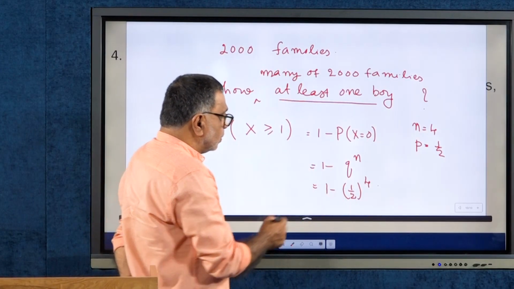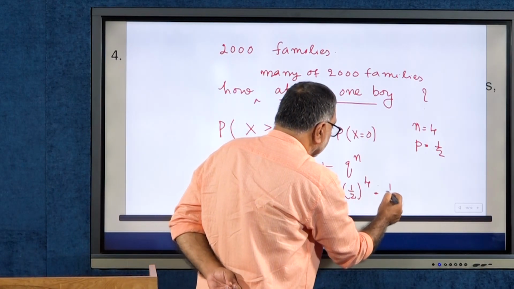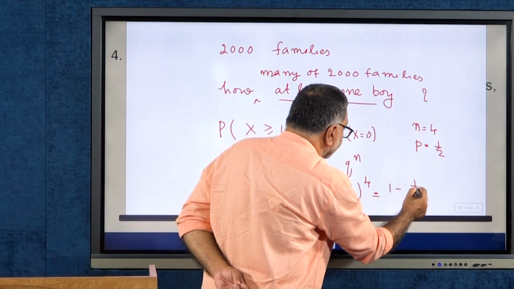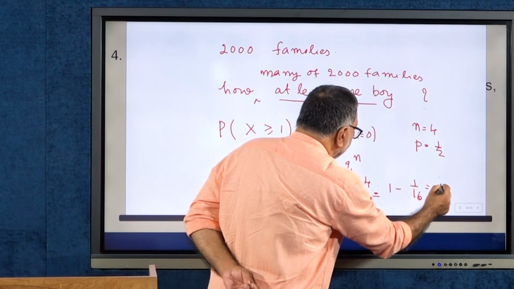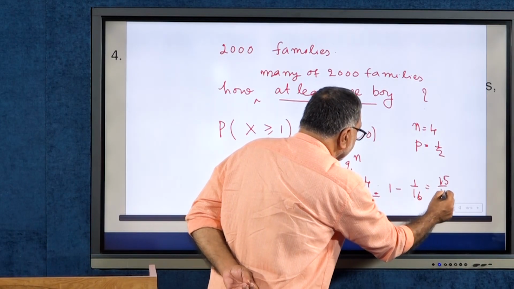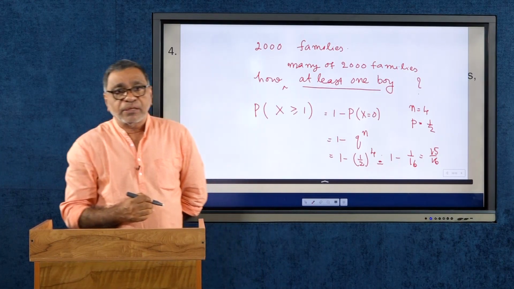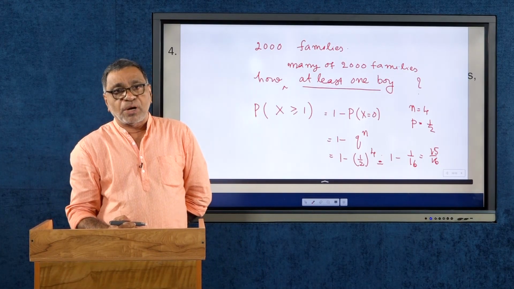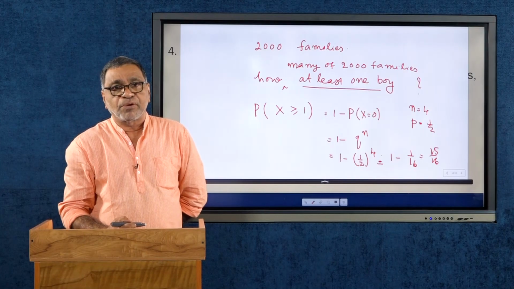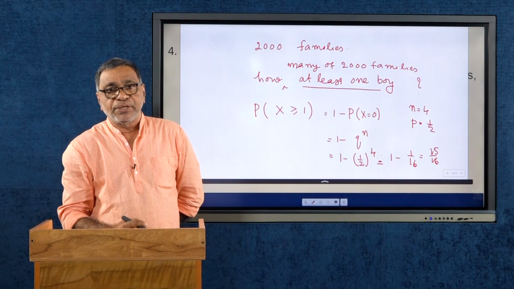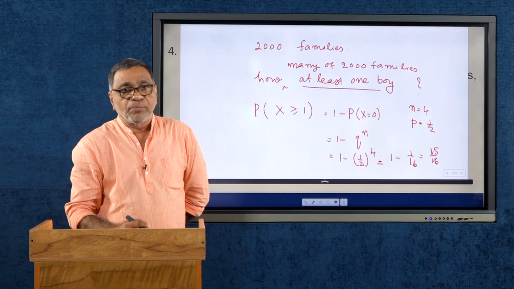That is 1 minus 1 by 16, or 15 divided by 16. So the probability of at least one boy is 15 divided by 16.